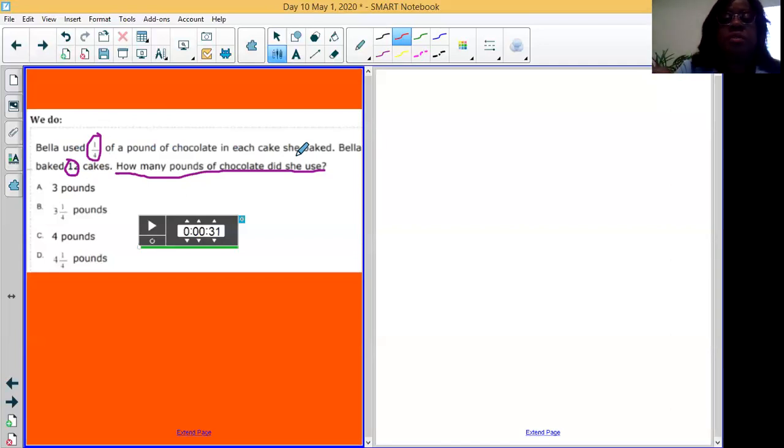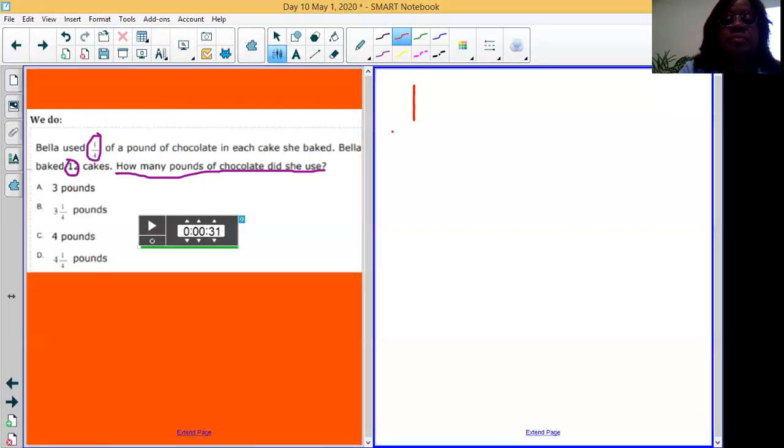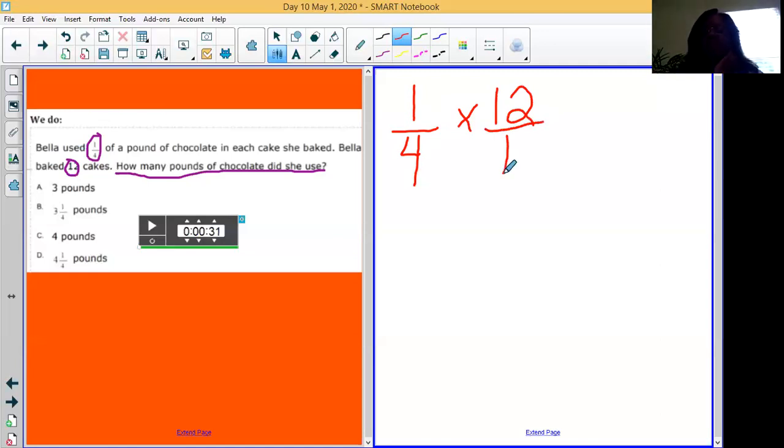Well, I know each one took 1/4, and I'm going to multiply that by 12. 12 wholes. Again, putting a 1 under my 12 to represent 12 wholes because I'm multiplying. And I'll pause and let you get caught up.